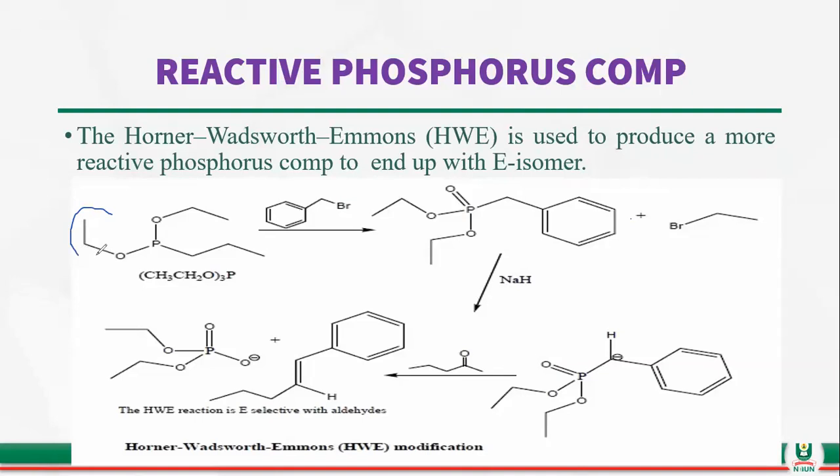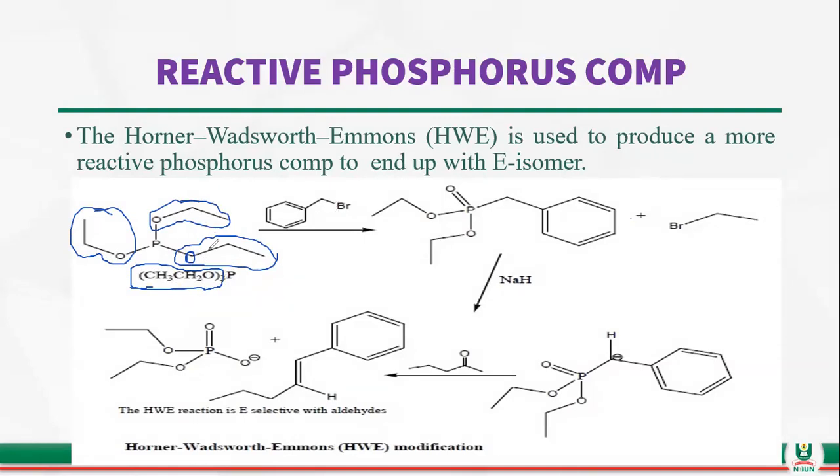This is C2H5O, this is C2H5O, this should be oxygen. So this is C2H5O, and you can see there are three C2H5O groups. So instead of the three phenyl groups that created steric hindrance, you can use three ethoxy groups.